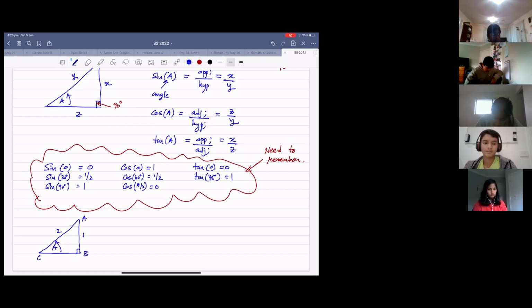Question. If AB is equal to 1 and AC is equal to 2, find the angle. Okay, take over.